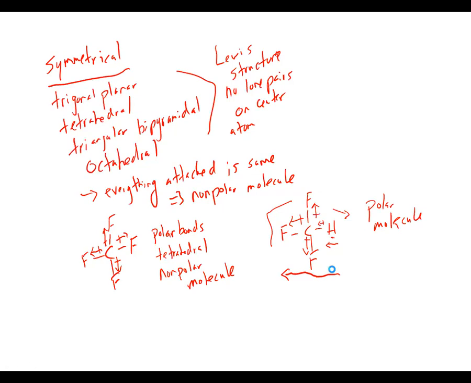Now that leaves us another type of geometry, if I can find it. There we go. That leaves us another type of geometry, which is known as unsymmetrical geometry. And when we have unsymmetrical geometries, those are things like your trigonal pyramid.